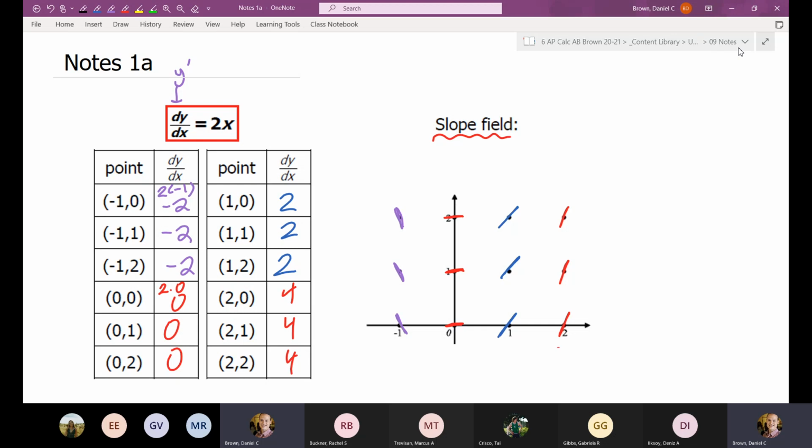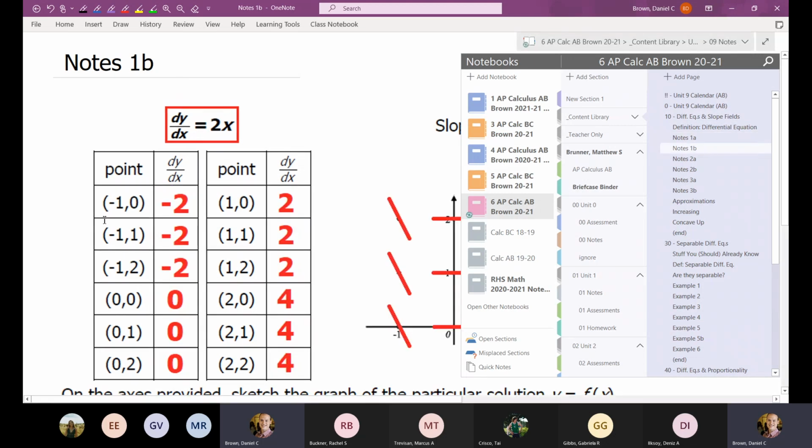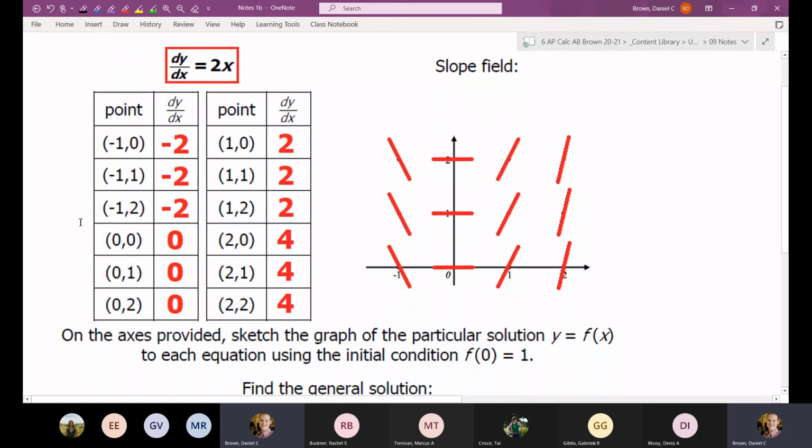I'm going to go to the next slide because I was also lazy and used a computer to draw that slope field, only because I wanted to have something a little more exact to talk about. If you look at the words underneath that one, it says on the axes provided, so either on the one you drew or the one that I have, sketch the graph of the particular solution that goes through the initial condition f of 0 is equal to 1.